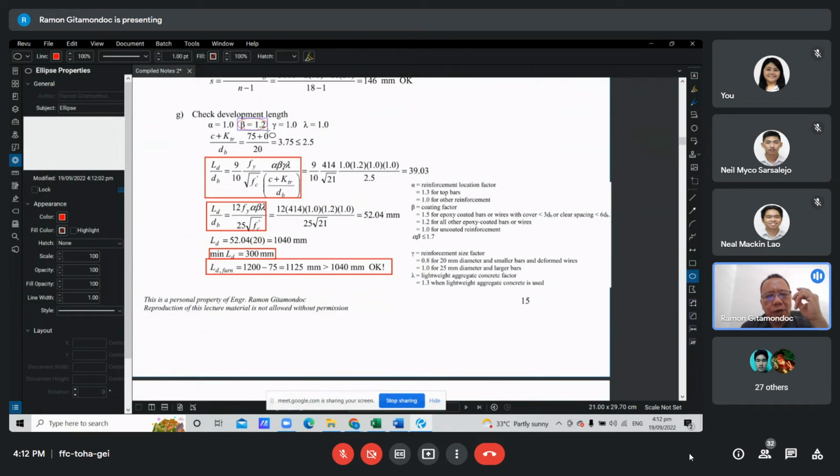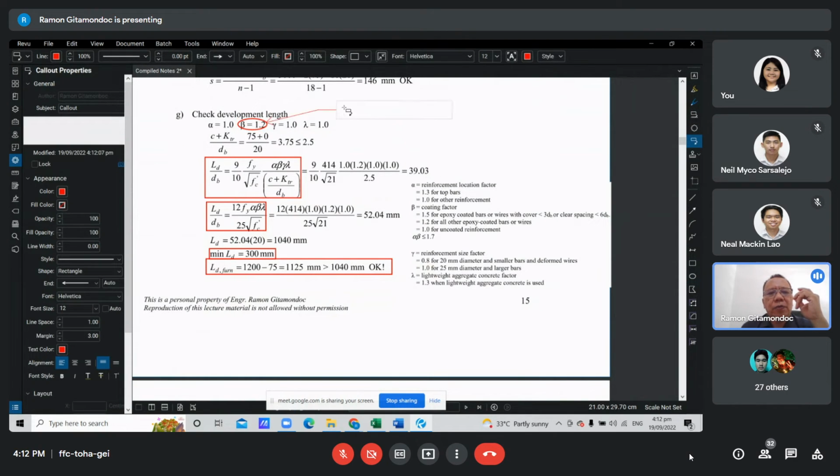So let's change that one. Instead of 1.2, that should be 1.0. Okay? We do not have epoxy coating.